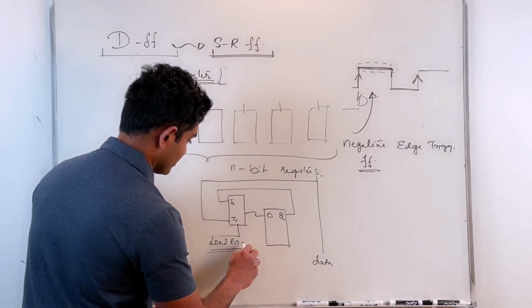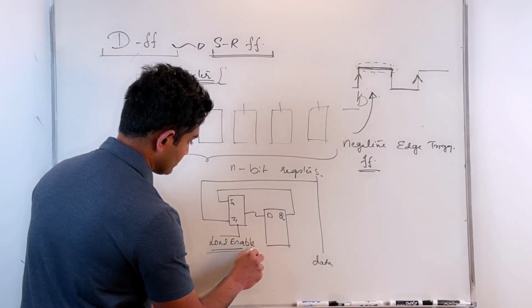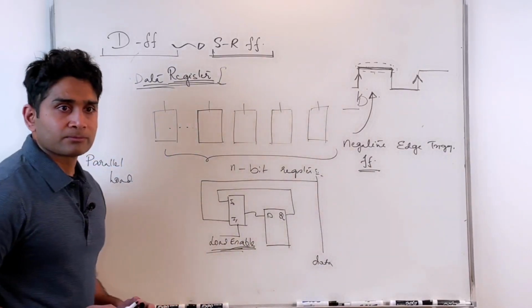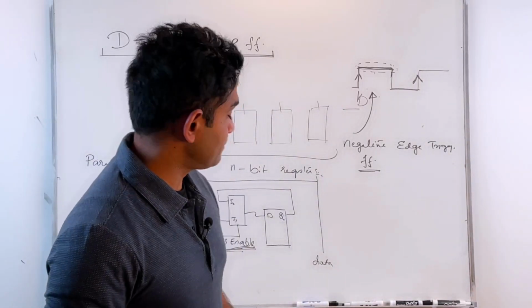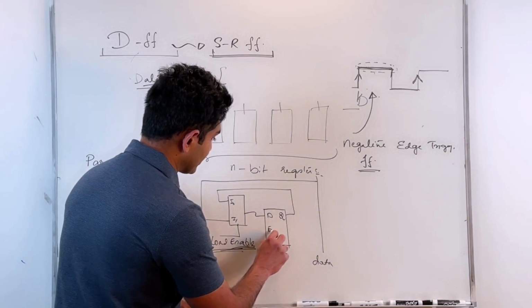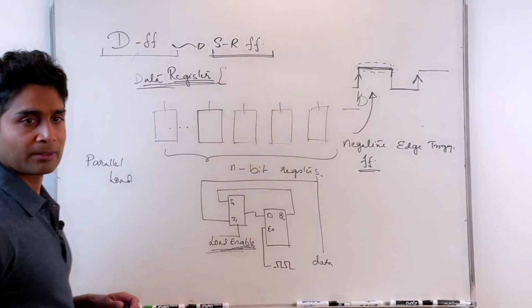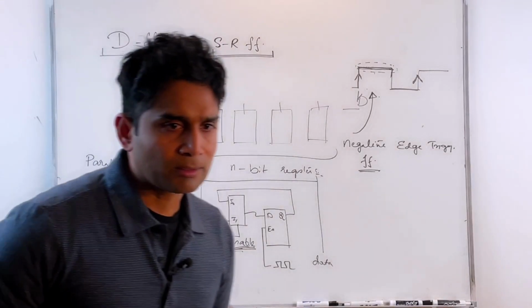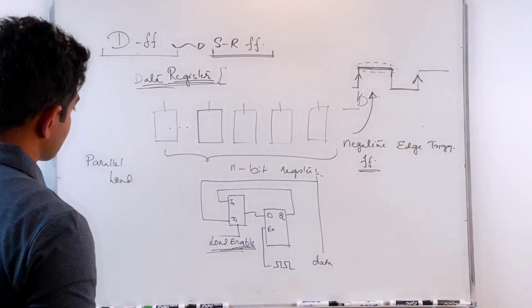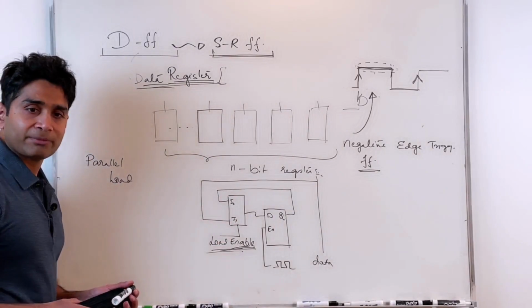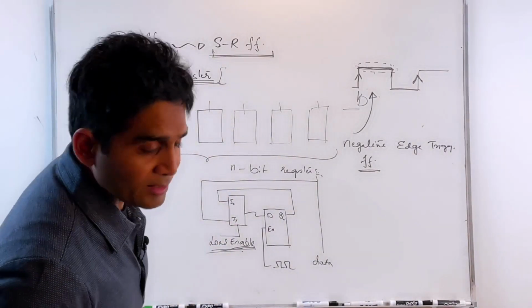EN is not clock. That's the enable signal here, where you apply the clock. So this is the setup we examined in the last class.